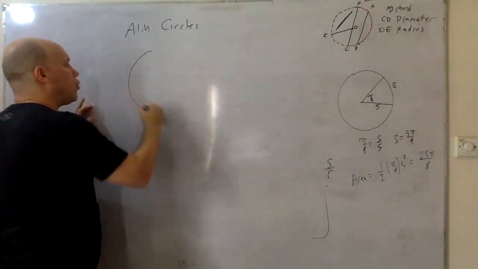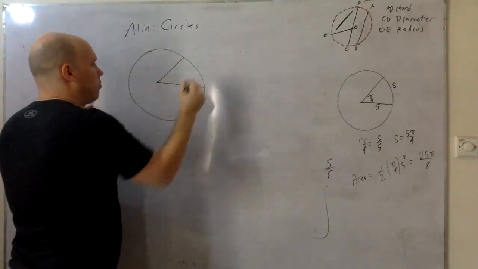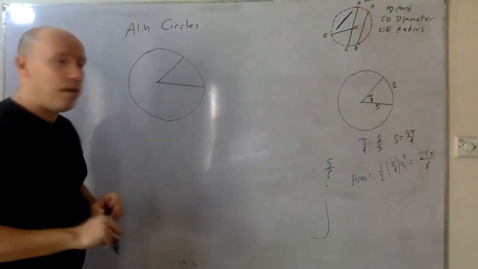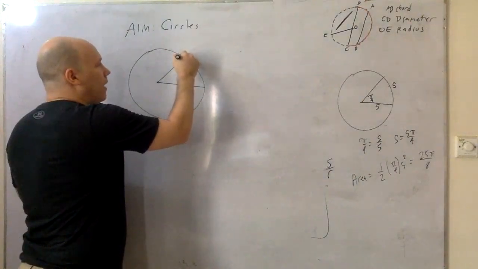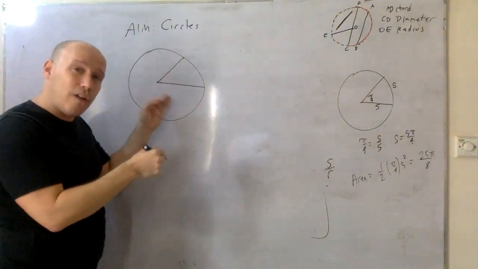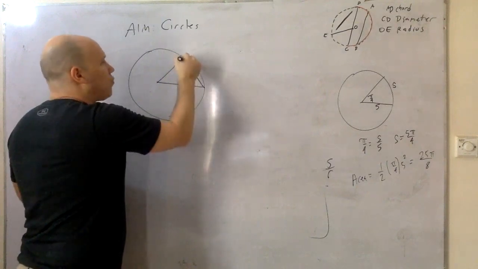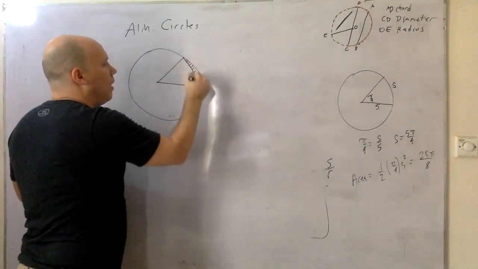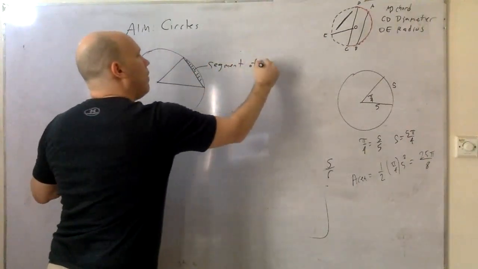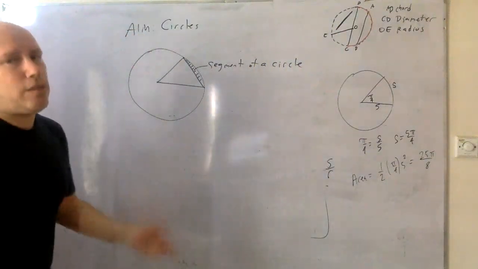So here's a circle, and we have a sector. If we connect the points where the central angle meets the circle, this region is known as a segment of a circle. And you might say, why do we need this?